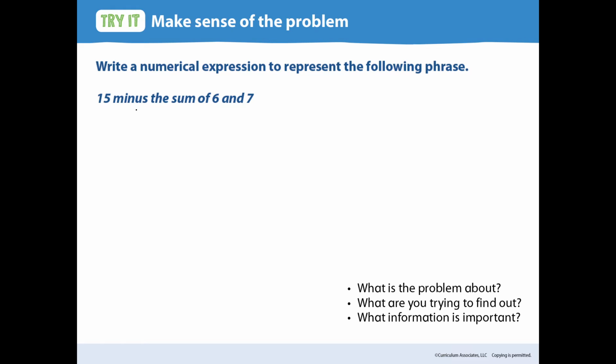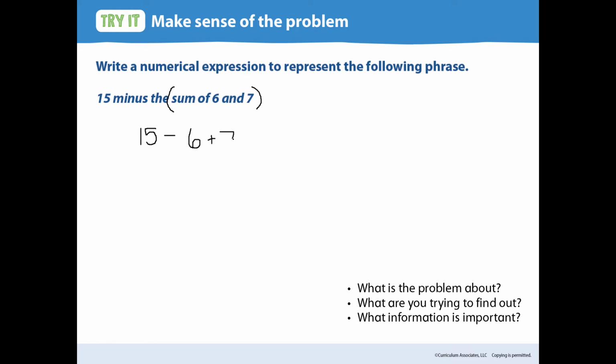15 minus the sum of 6 and 7. Minus means subtract. So we have 15 minus, and then it says the sum of 6 and 7. And so this right here, the sum of 6 and 7, would be written as 6 plus 7.